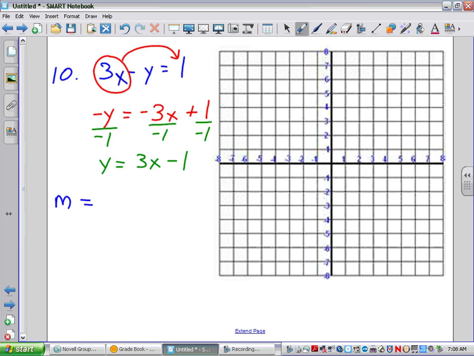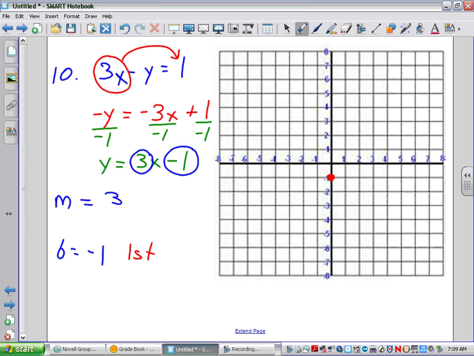Well, now let's write what's the slope. The slope is the number in front of the x. I'll circle it. In front of the x, I see a 3. The y-intercept is the number at the end. Don't say it's a 1, but rather a negative 1. Now I'm ready to graph. I always do the y-intercept part first. Y-intercept, negative 1. Go over to my graph. Mark that, negative 1 point.